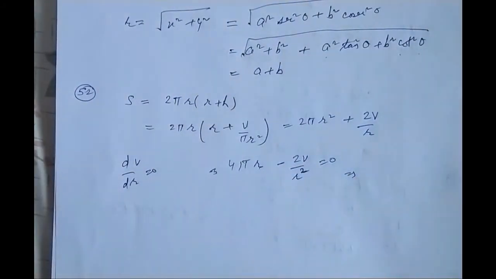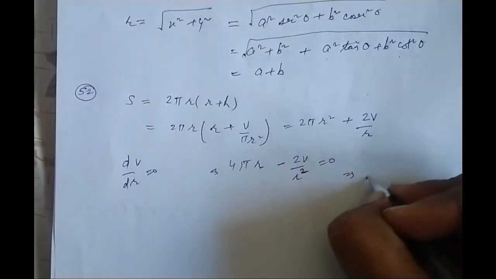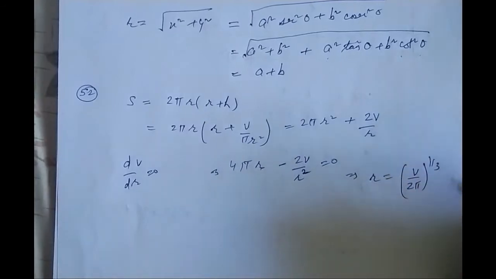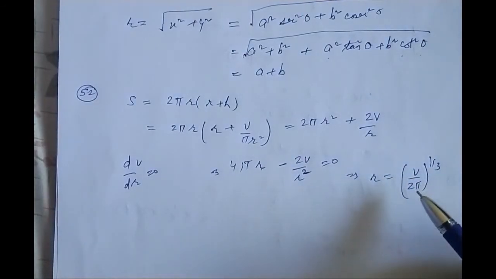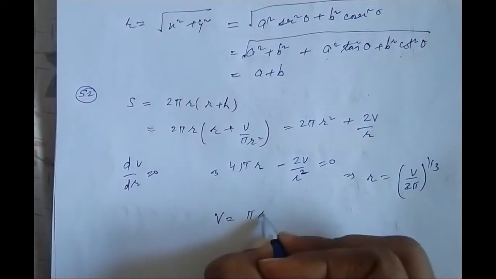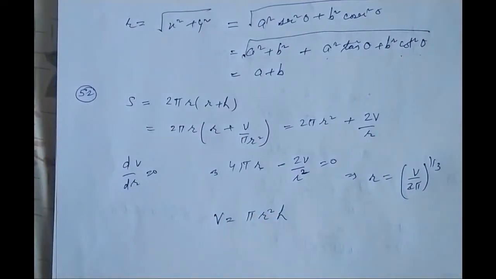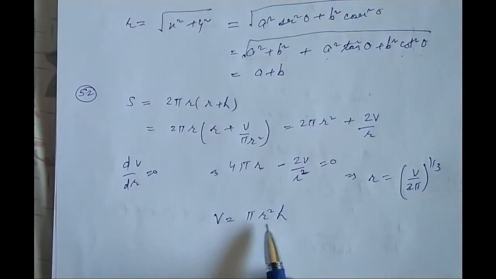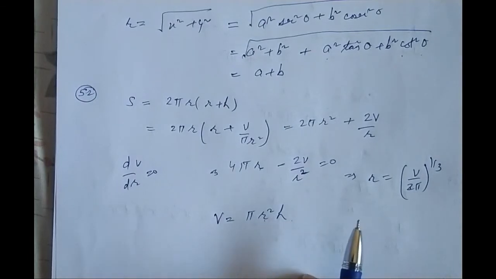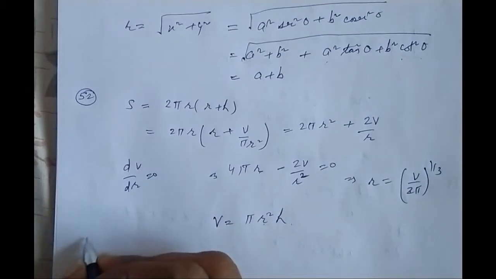This implies r is equal to (v by 2 pi) power 1 by 3. Substituting the value of r from this equation in this one, we'd get the ratio of h and r. Moving on to question number 53.